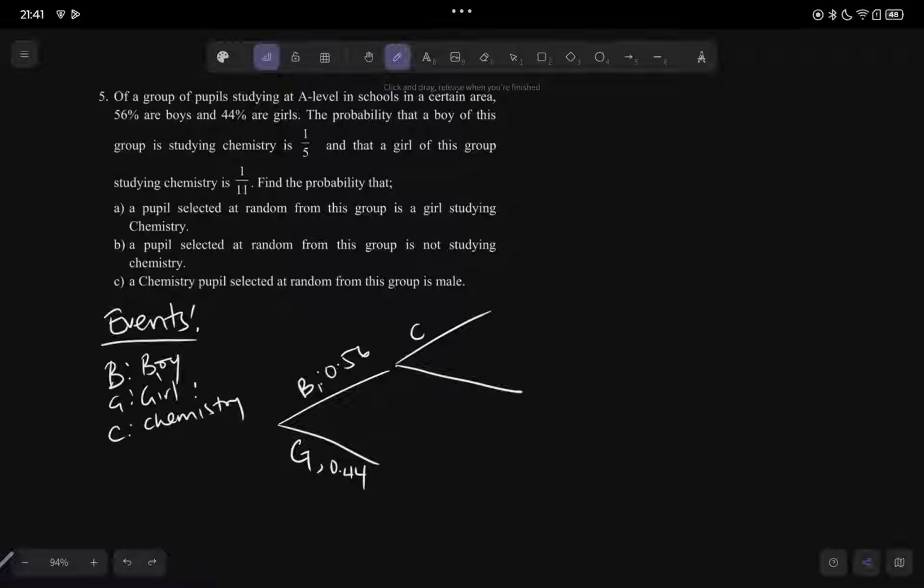Boy studying chemistry is a fifth, which means a boy not studying chemistry is 4 out of 5. A girl studying chemistry is 1 out of 11, and a girl not studying chemistry is of course now 10 over 11.